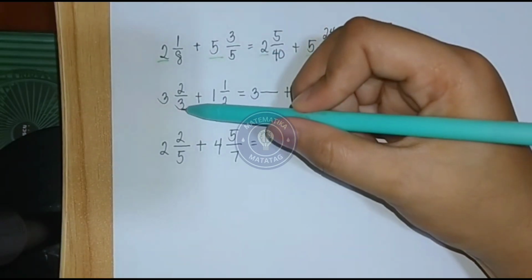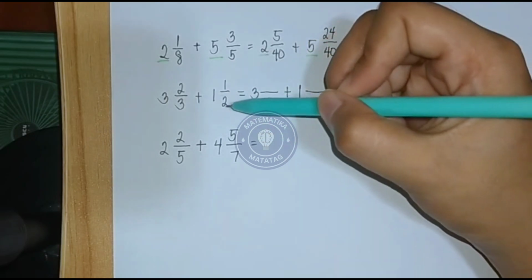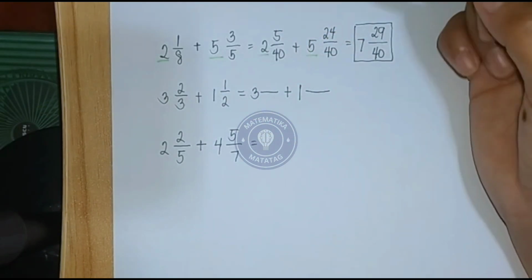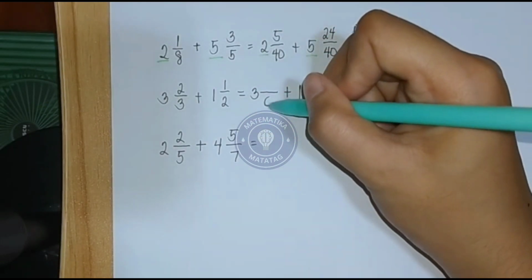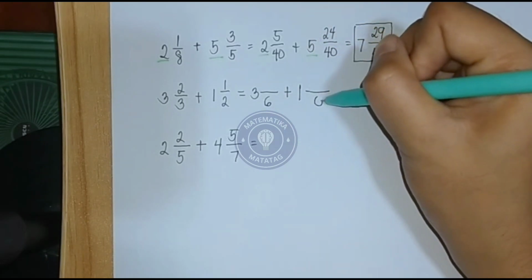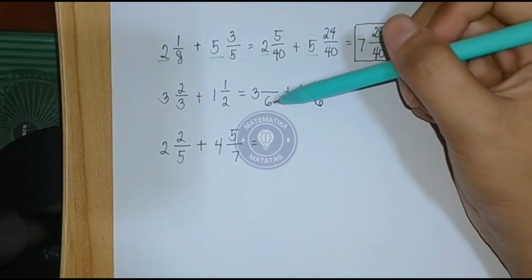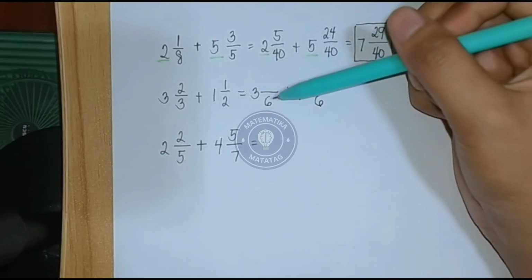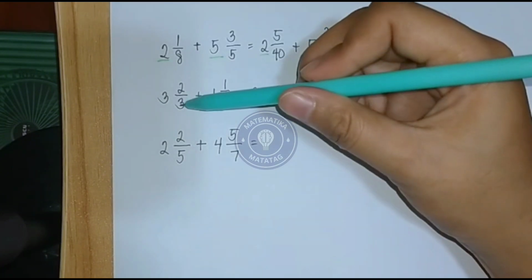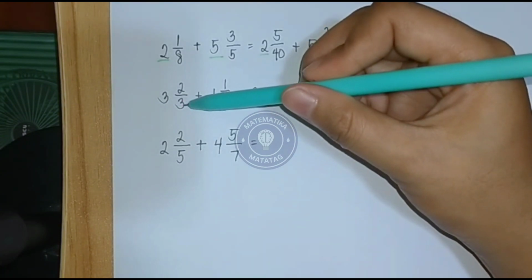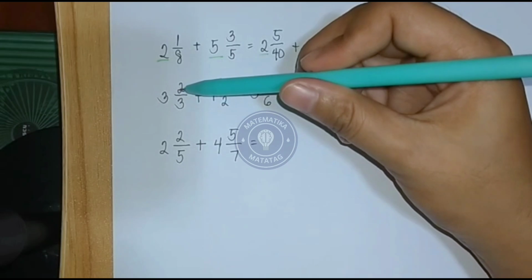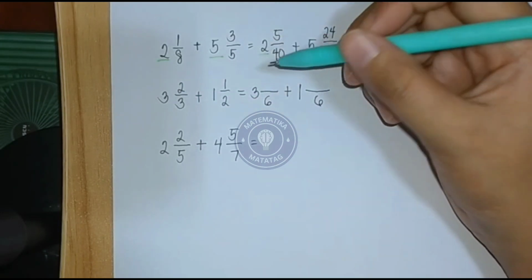And we have here our denominators 3 and 2. So the LCD we are going to use is 6. Next, divide your LCD by the denominator. 6 divided by 3 is equal to 2, times the numerator equals 4.